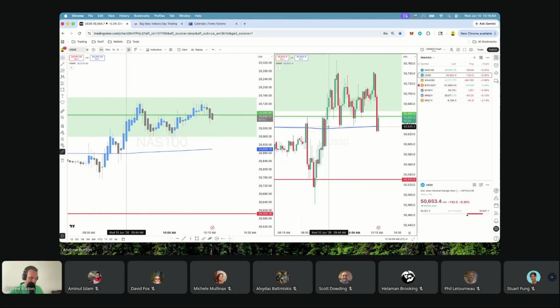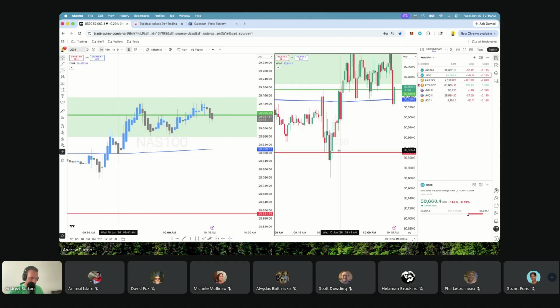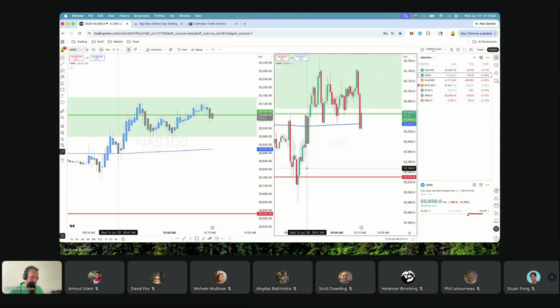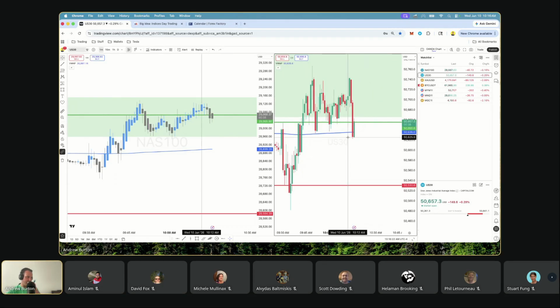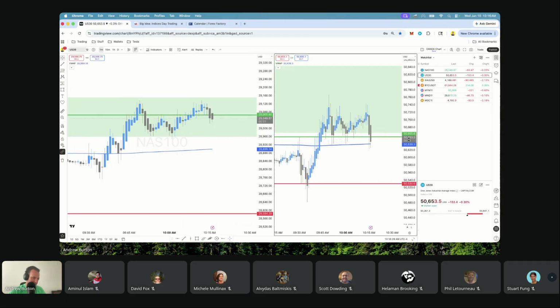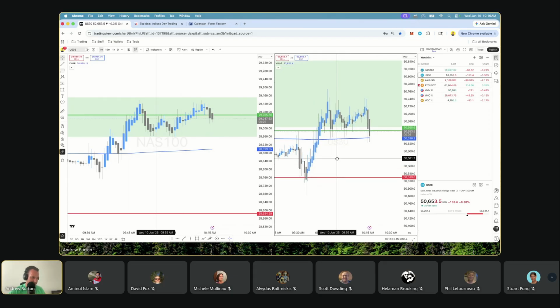That sucks. There's that big wick right there. So there are no fair value gaps anywhere in here, so it's no trade for this one as well. Man, today is a bit of a tricky day. Well, at least we had 0 losses today, which is good.